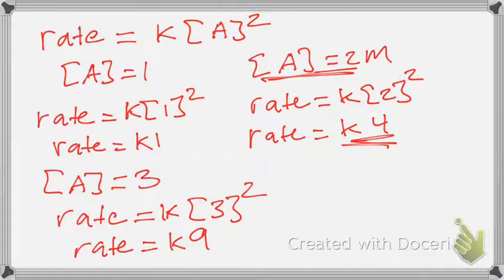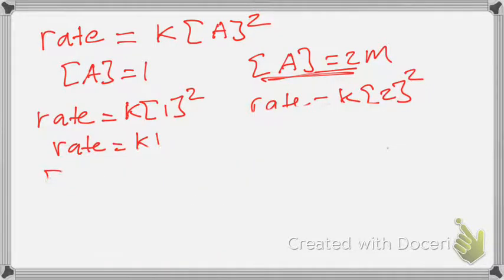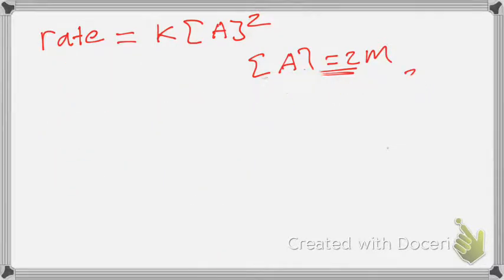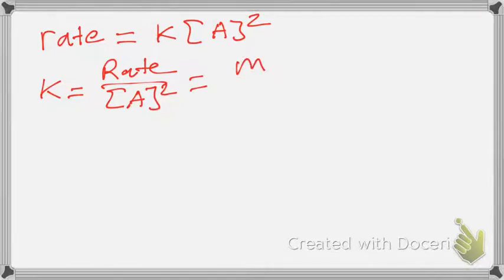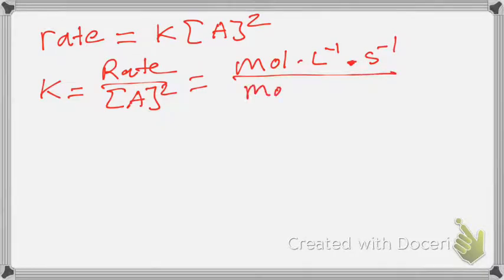All right, so how do we solve the units for a second order reaction? Well, again, K is found by taking the rate over the concentration of A squared. So if we write out the units of rate, that would be moles per liter per second over the concentration.